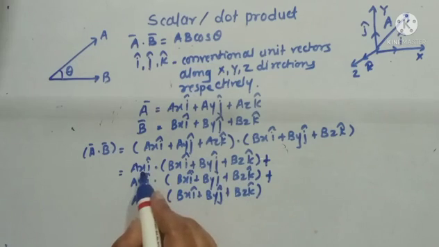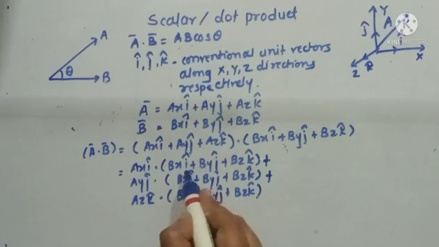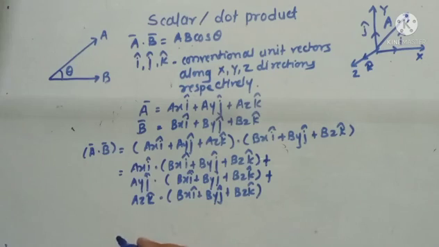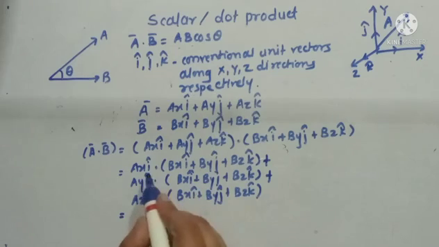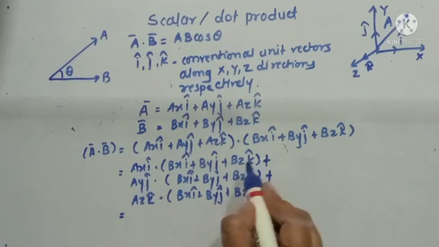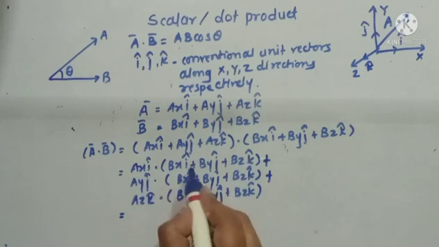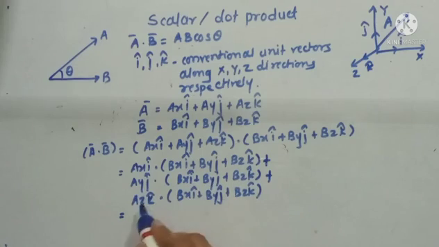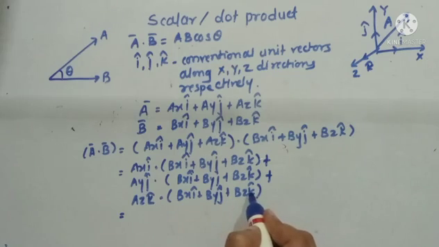So if I multiply AX i to each and every term inside, we know that vector i dot vector j will be 0 and vector i dot vector k will be 0. So only the terms with i dot i, j dot j and k dot k will remain, because k dot k is nothing but 1.